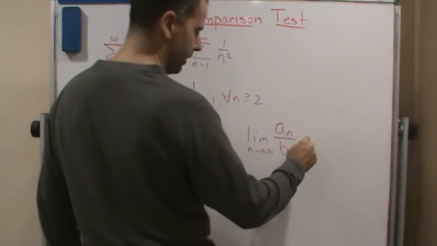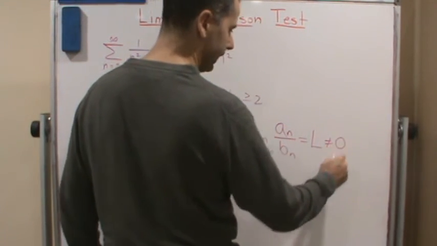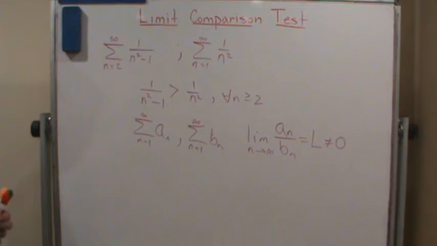Now, if this limit exists and it is equal to some real number other than 0, what can we conclude? It means that either both series converge or both series diverge.